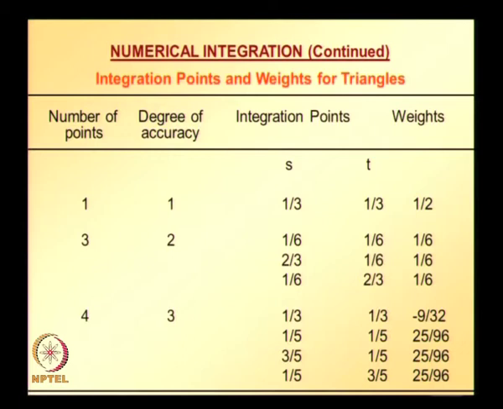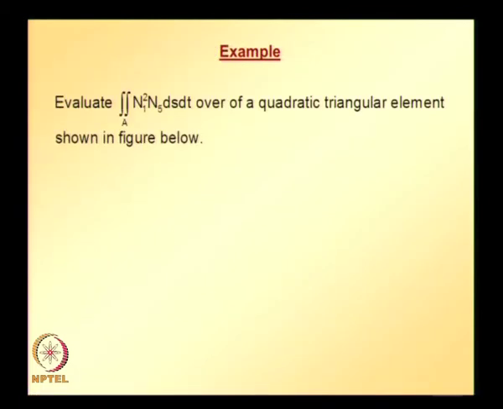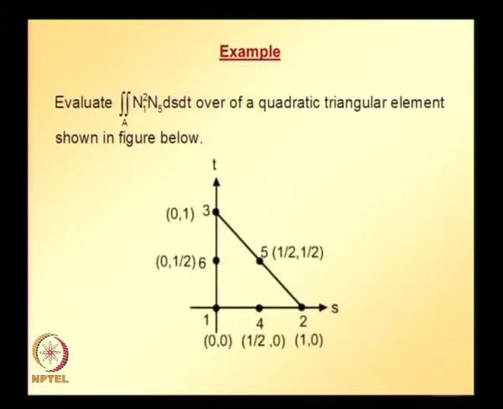So, now to illustrate this, let us take an example. Evaluate the integral over the triangular area of N1 square plus N5, dS dT, of a quadratic triangle element shown in the figure below. For this kind of element, we already know the shape function expressions for N1 to N6.